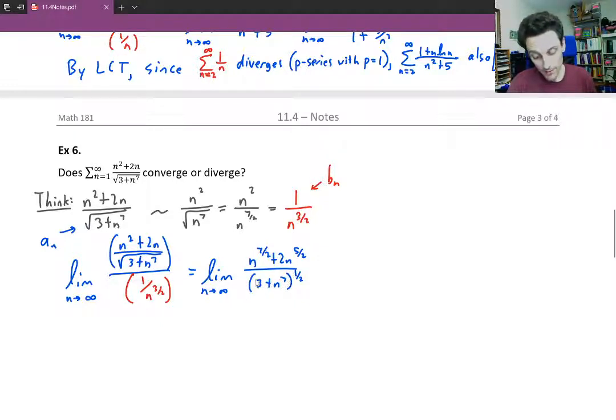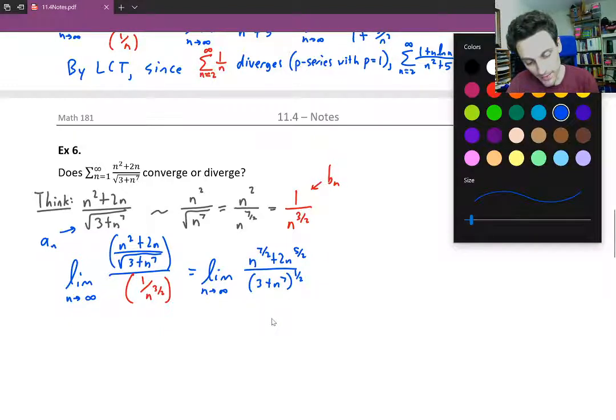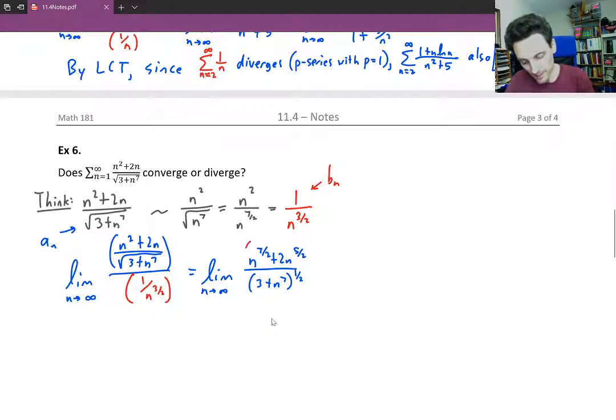But if we were to ignore this 3 right here, this would be like an n to the 7 halves down the bottom. So what we're going to do is divide the top and the bottom by that leading term of the bottom, which is the n to the 7 halves.